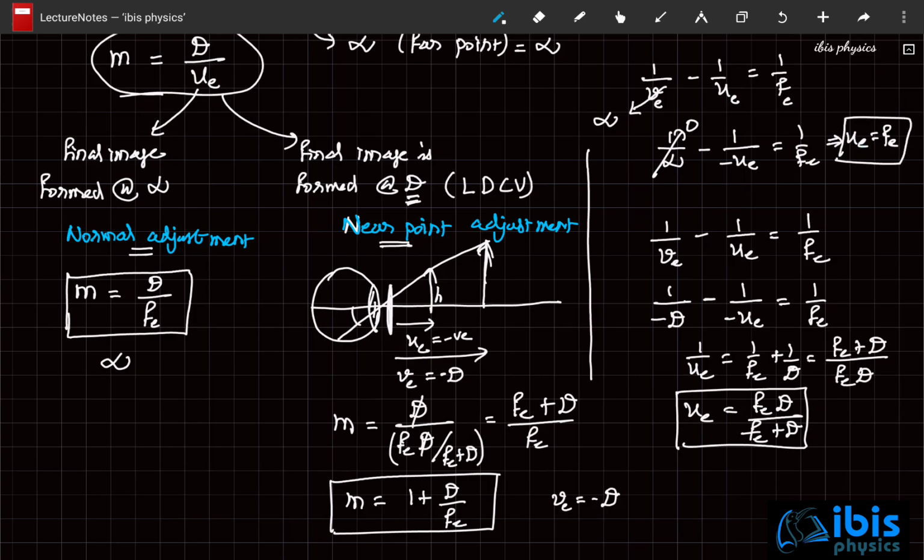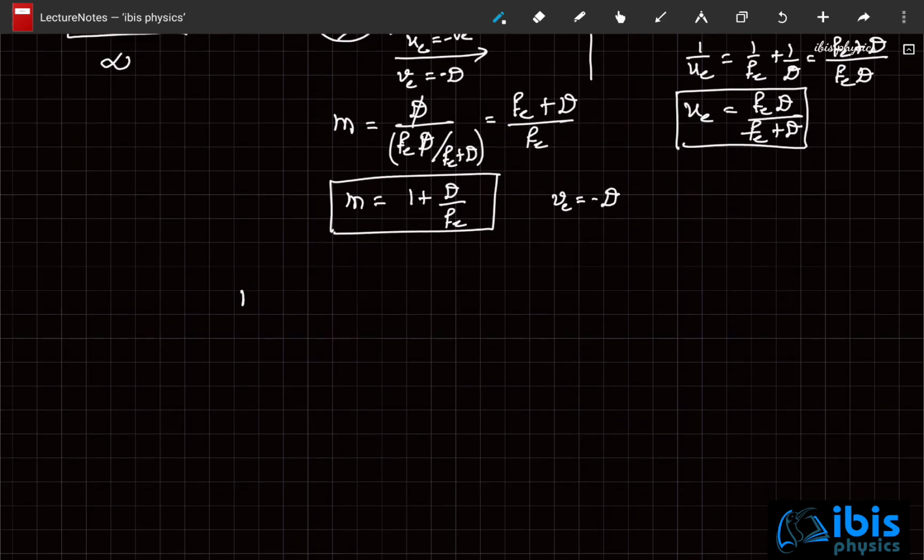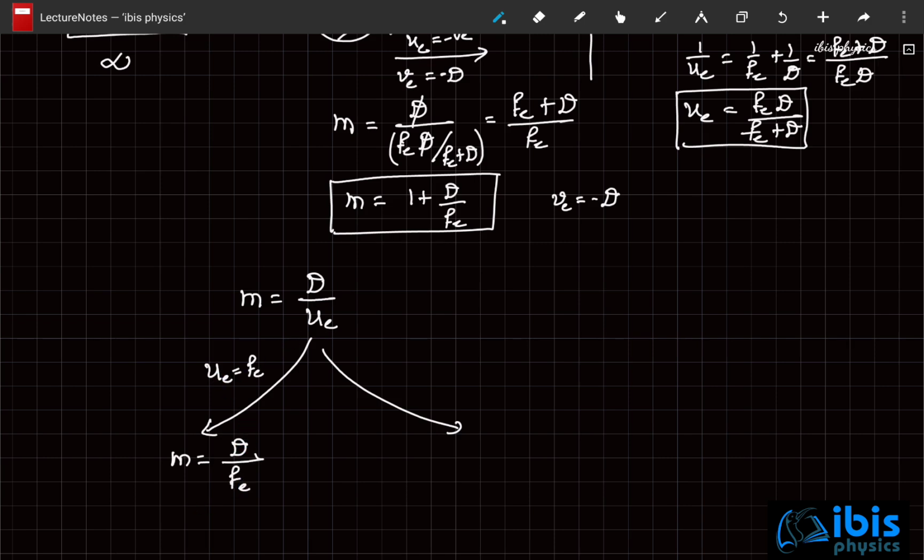I'll just summarize here. Magnification by the eyepiece is D by UE, and there are two possibilities. When UE equals FE, the final image is formed at infinity, V equals infinity, hence magnification is D by FE, substituting FE in place of UE.